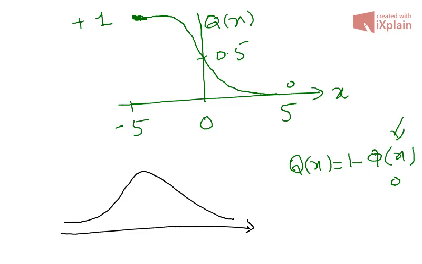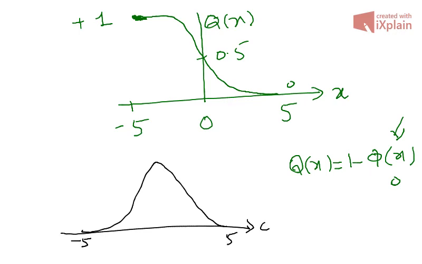as I said, the standard normal curve extends from -5 up to 5, and it is 0. So for -5, this area is 0, which is given by phi(x), from minus infinity up to x. So this is 0, and you are getting 1.